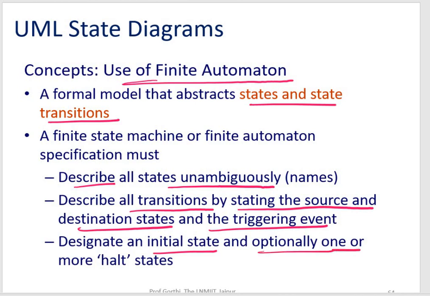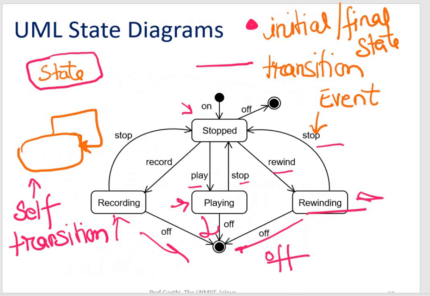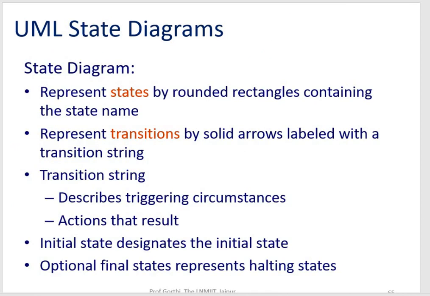So a formal model that abstracts the states and the state transition is your state diagram. A finite state machine or finite automaton specification must describe all states unambiguously and all transitions by stating the source and destination states and the triggering events.